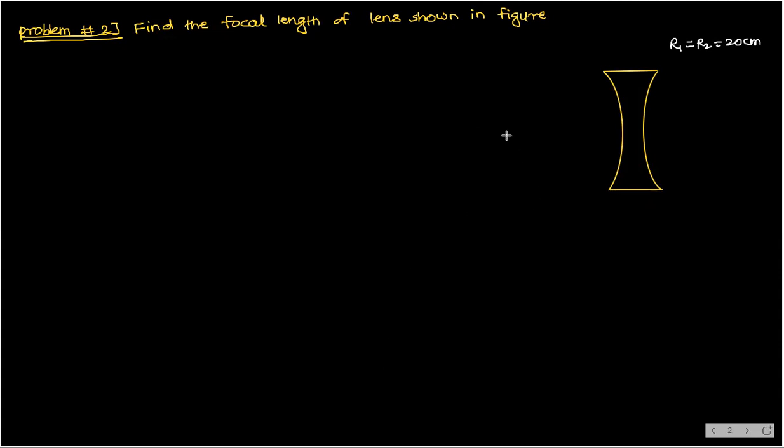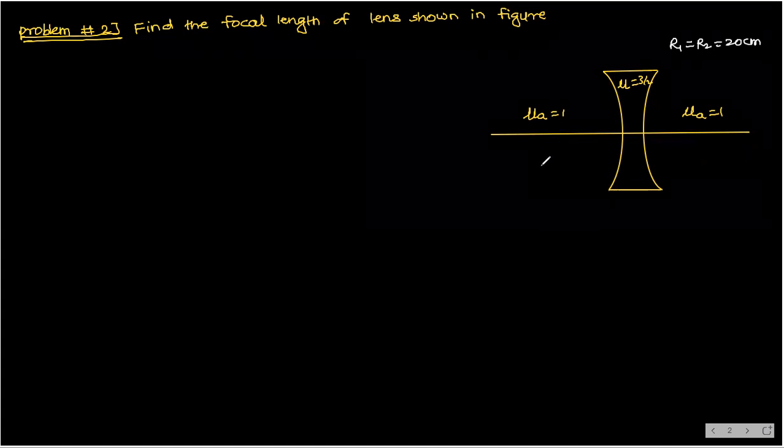The medium surrounding is air again, so its refractive index is 1. The lens is made of glass, refractive index 3/2. Again here also air only. Do it yourself fast.